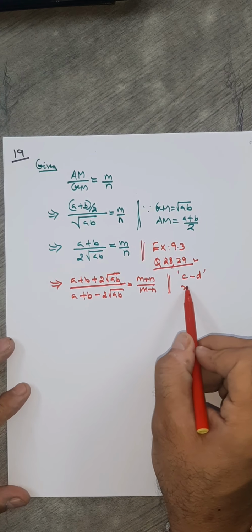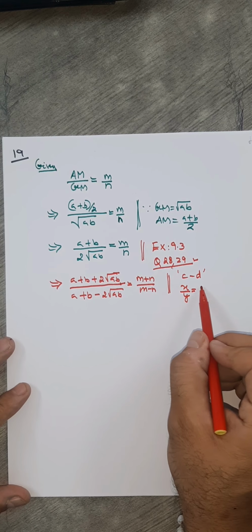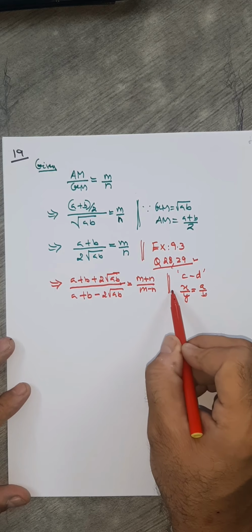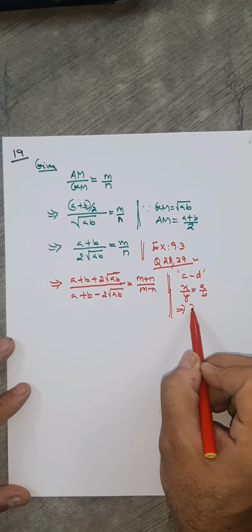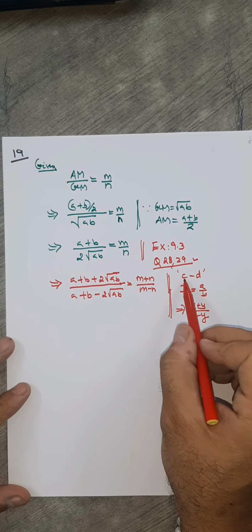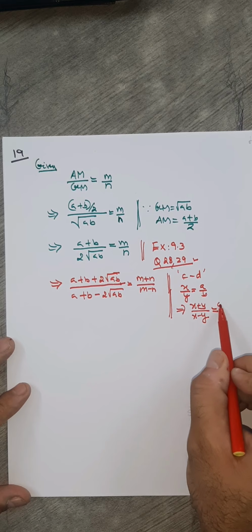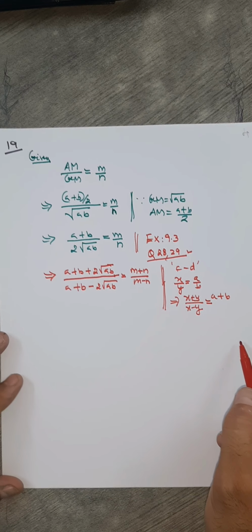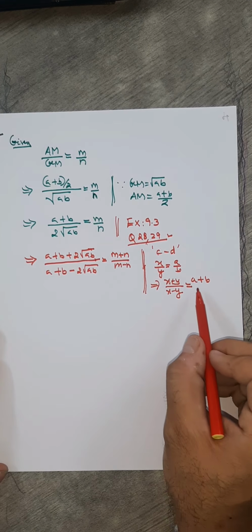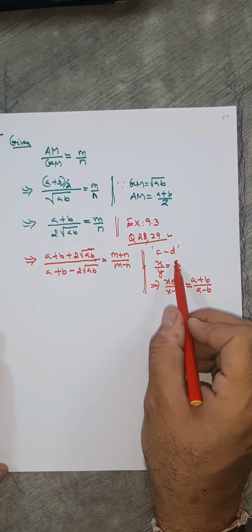If you have x by y equals, let's write here a by b, then it implies you can do x plus y upon x minus y. Componendo means you are adding and dividendo means you are subtracting, equals a plus b upon a minus b. Same thing should be done on both sides. You have added, you have added.